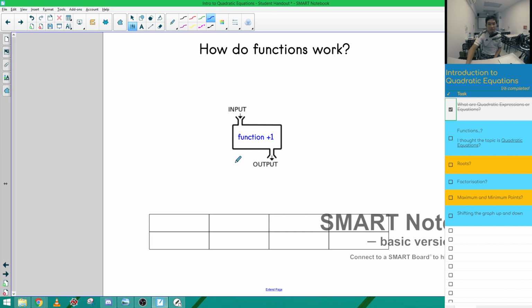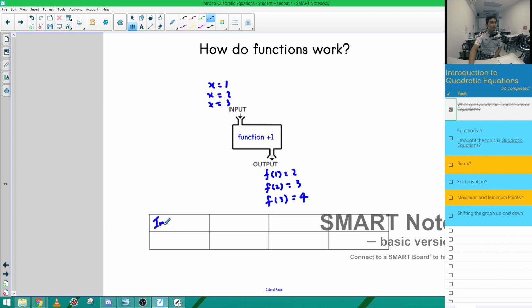So let's put in, say, 3 values, x equals 1, x equals 2, x equals 3. And the corresponding outputs will be f of 1 is 2, f of 2 is 3, and f of 3 will be 4.